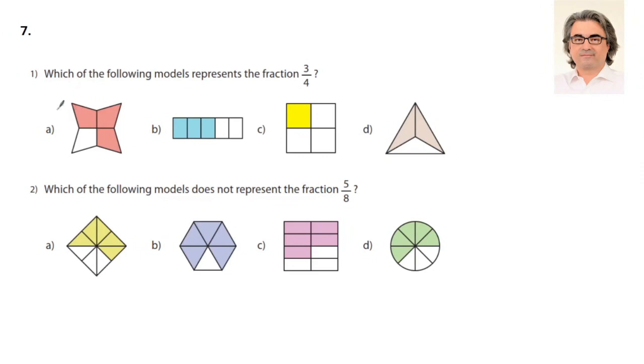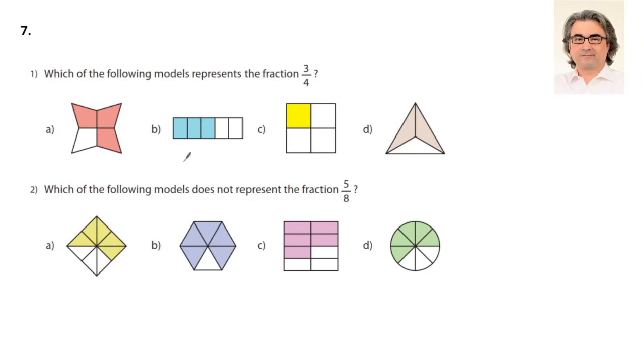7th question. Which of the following models represents the fraction 3 over 4? 3 over 4. So I should find 4 equal pieces, or I should count 4 equal pieces of the whole. For example, for choice A, 1, 2, 3, 4. Yes, okay. But for choice B, 1, 2, 3, 4, 5.